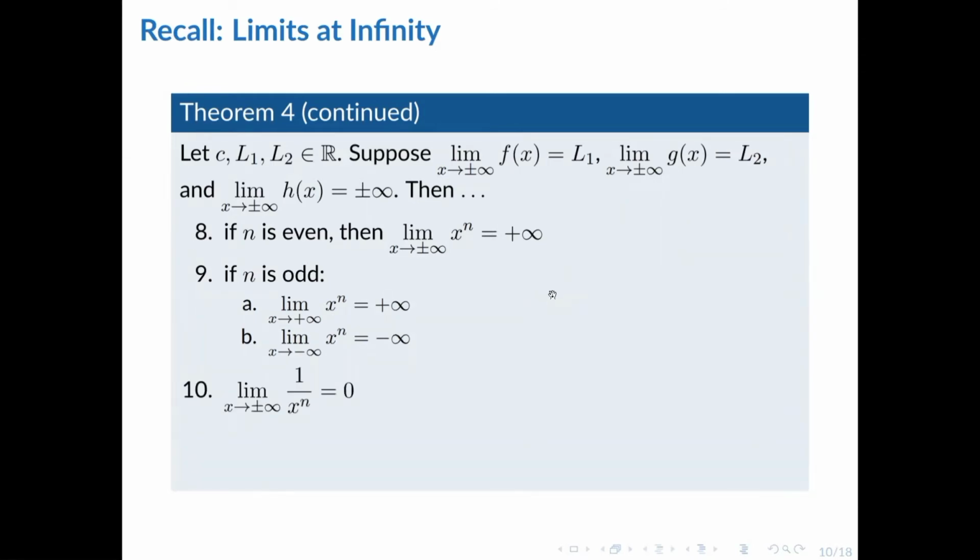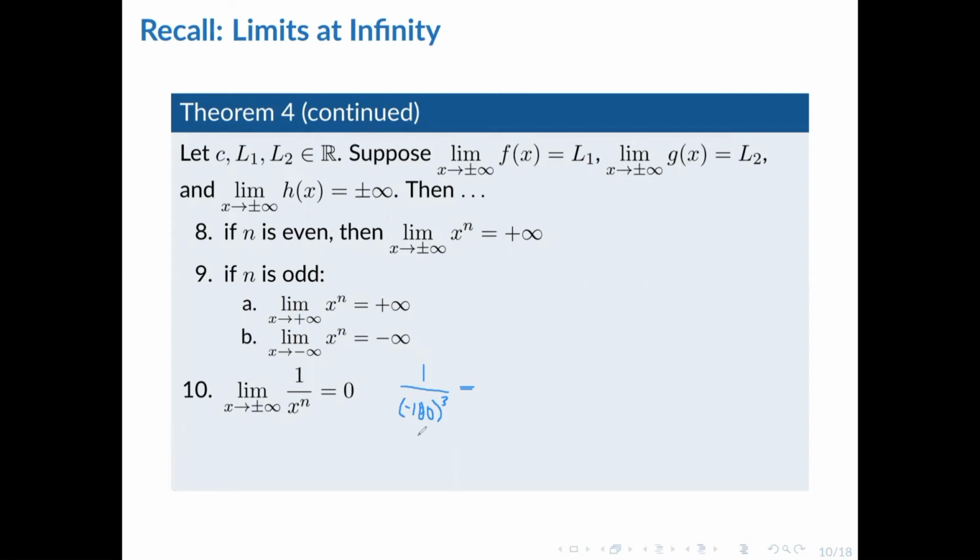The limit of 1 over x raised to n as x approaches positive or negative infinity is equal to 0. So, for example, let's say x is negative 100 and n is 3, then the value of this would be close to 0.